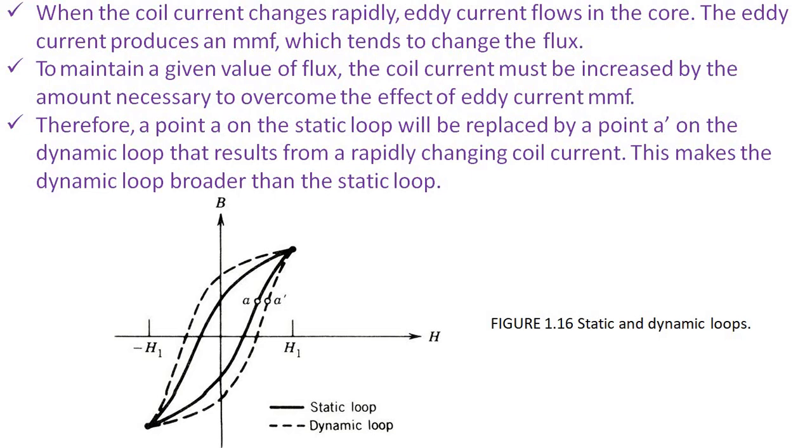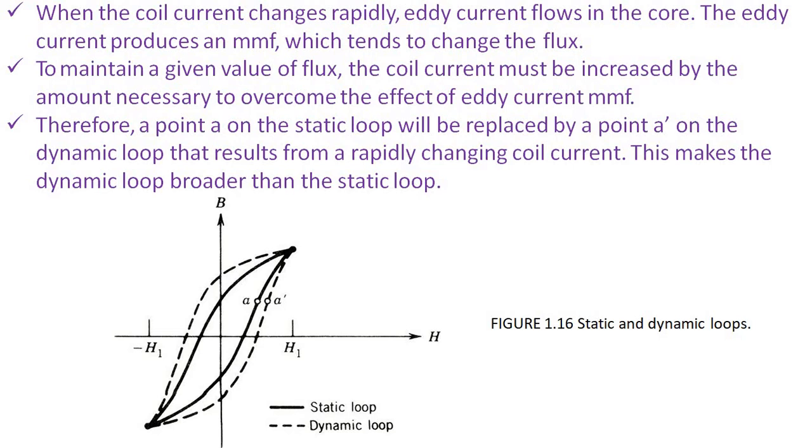To maintain a given value of flux, the coil current must be increased by the amount necessary to overcome the effect of the eddy current MMF. Therefore, a point on the static loop will be replaced by a point on the dynamic loop that results from rapidly changing coil current. This makes the dynamic loop broader than the static loop.